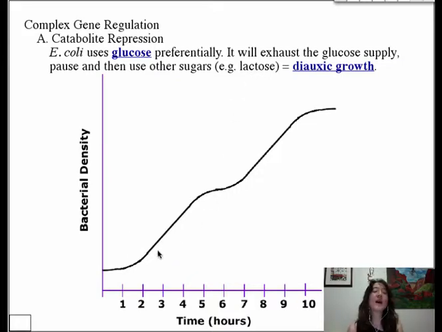So when E. coli is living in the presence of glucose, it's going to live on that glucose first. It's then going to pause, and then it's going to live off of lactose. So we get this pattern that we call diauxic growth, where E. coli is preferentially eating glucose, pausing, and then being like, okay, I guess I'll go ahead and head on to the lactose.